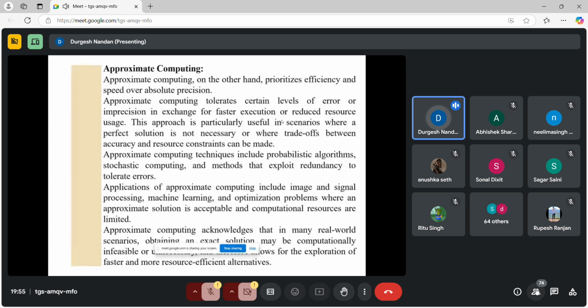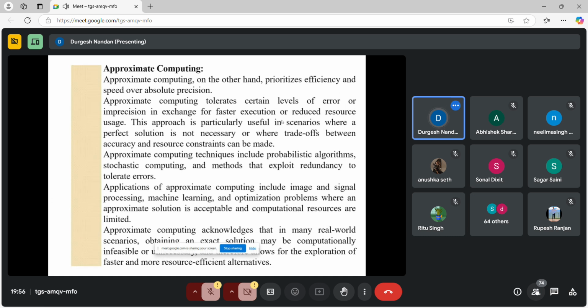As I told you, where a perfect solution is not necessary, or where a trade-off between accuracy and resource constraints can be made, approximate computing is the perfect computing. There are several approaches to approximate computing, like probabilistic algorithms, stochastic computing, and methods that exploit redundancy to tolerate errors.